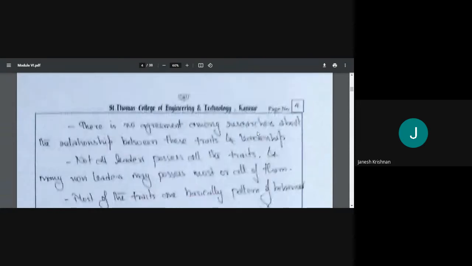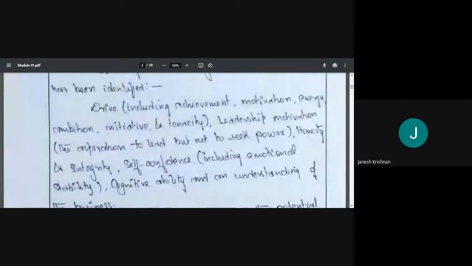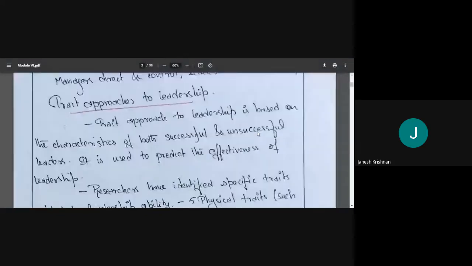So what is the trait approach to leadership? We look into the traits, characteristics, abilities or features of both successful and unsuccessful leaders. Both are taken into consideration, and then we make a list.